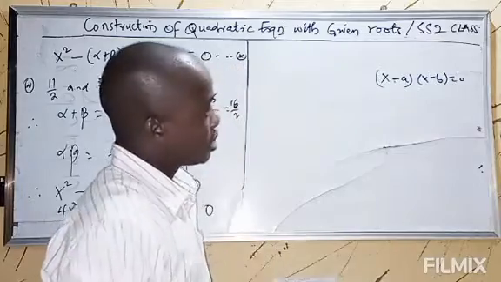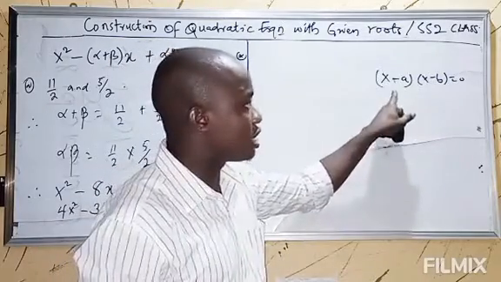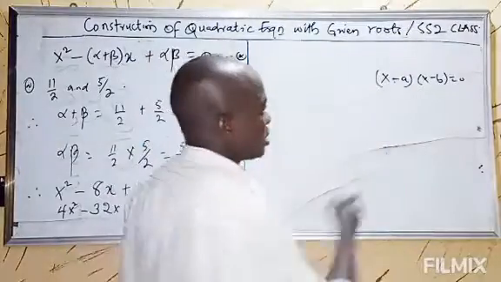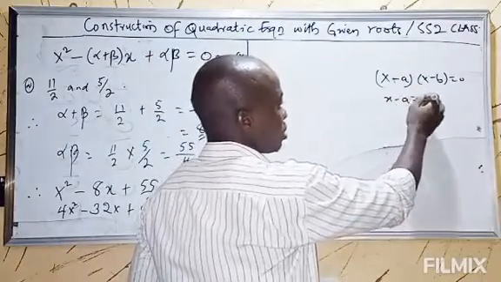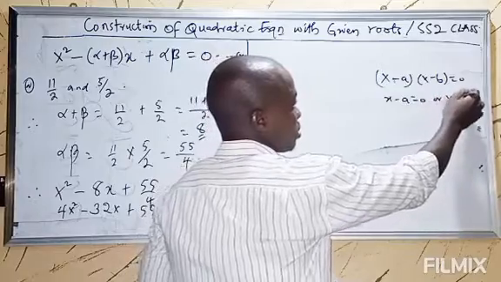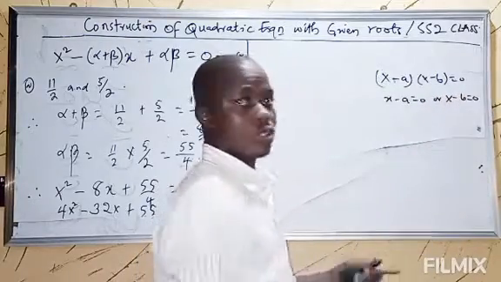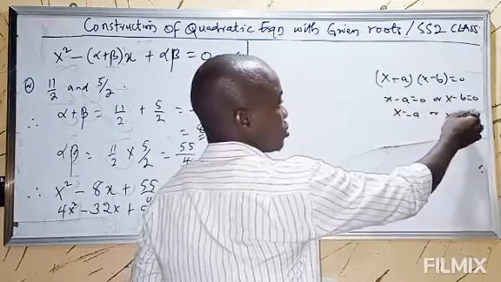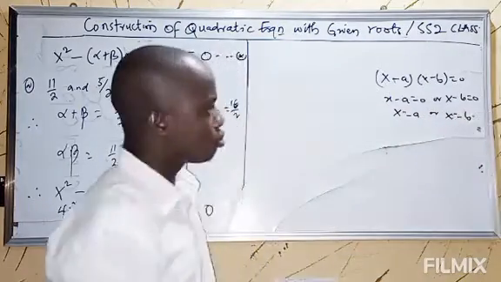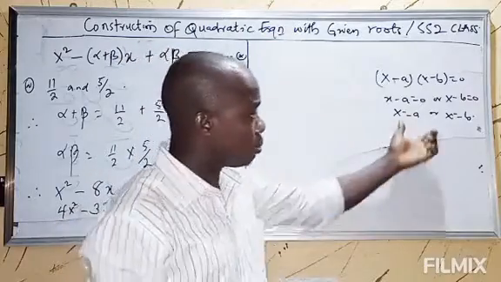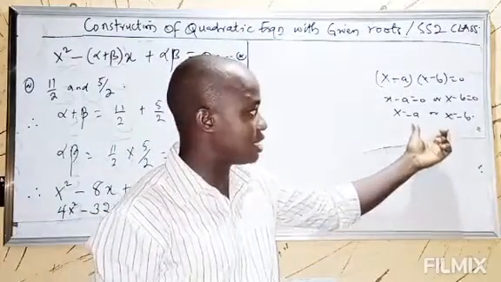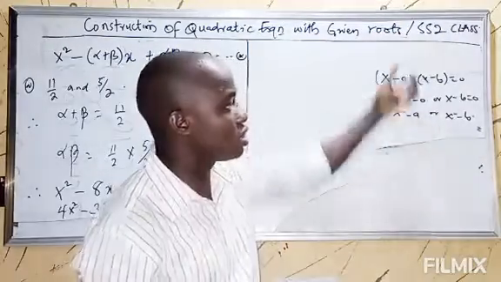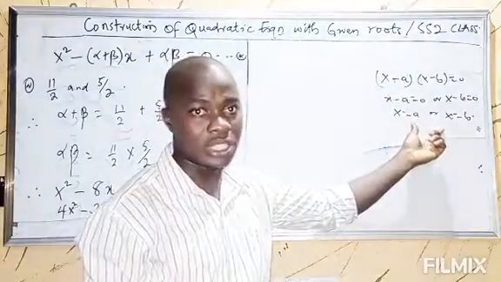So this could be either, because for this and this to be equals to 0, it is either x minus a equals to 0 or x minus b equals to 0. So now therefore we can have our x equals to a or x equals to b. Are you getting it now? So the down part here is telling us that the root of this equation is this. Are you getting it now?